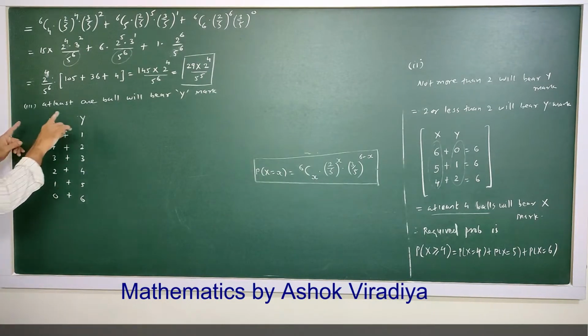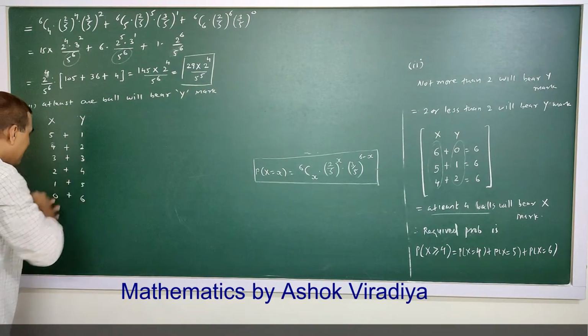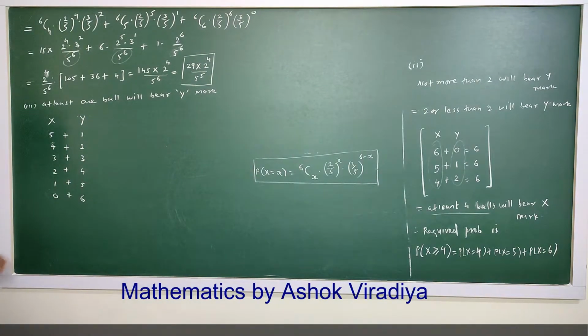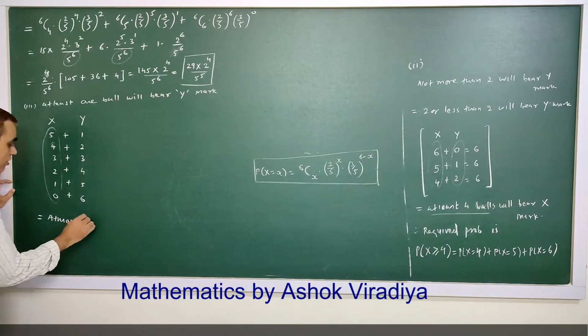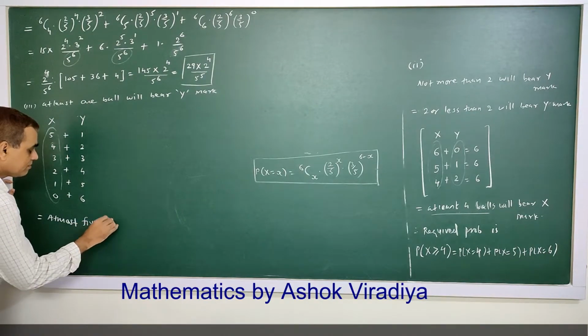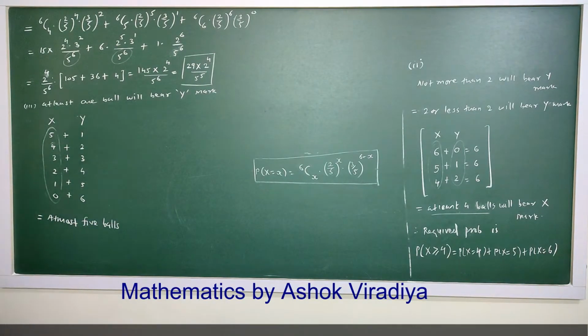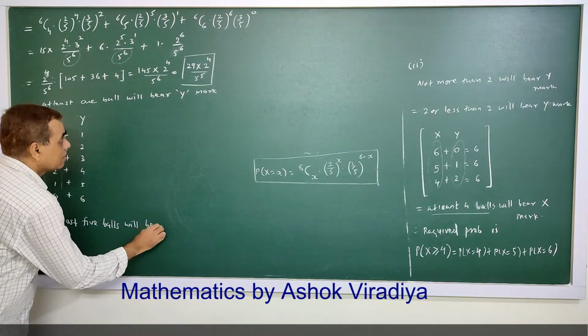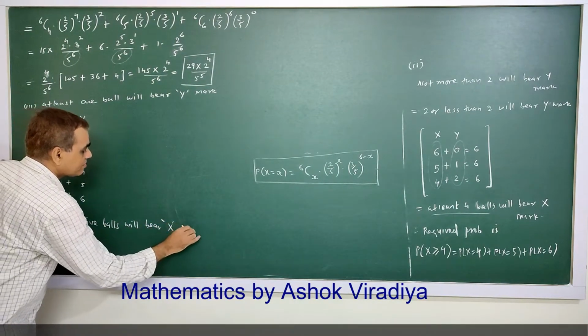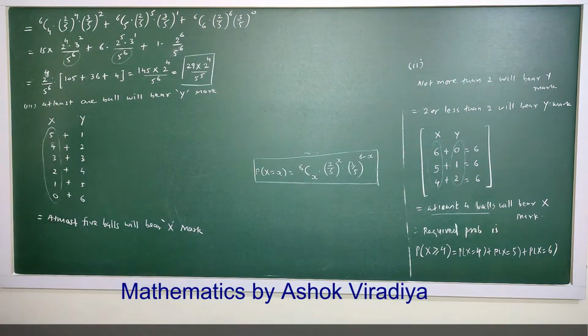So when at least one ball bears Y mark, that means the number of X balls is at most 5. That means at most 5 balls will bear X mark. Maximum 5.